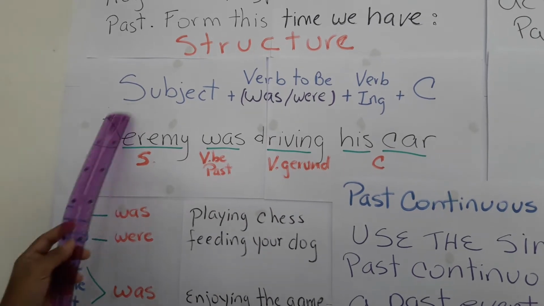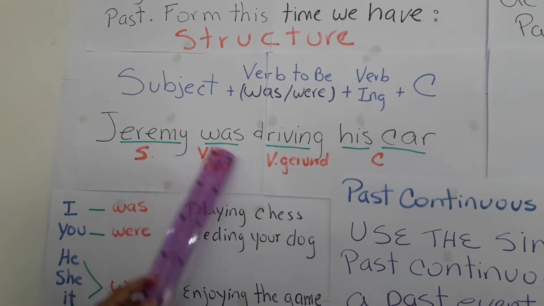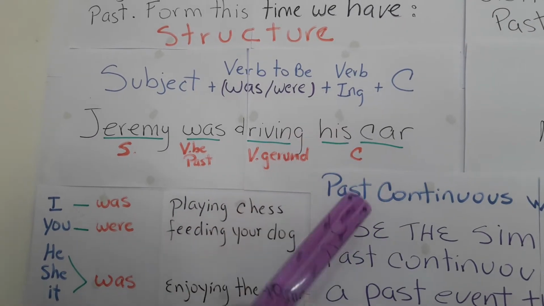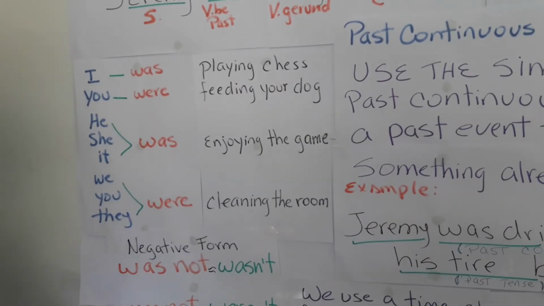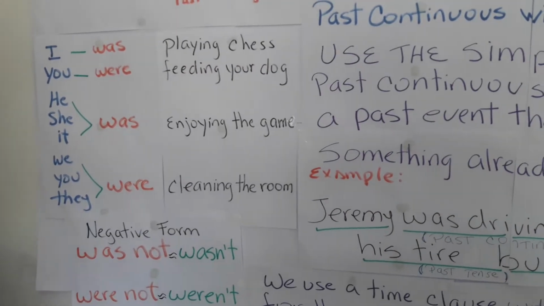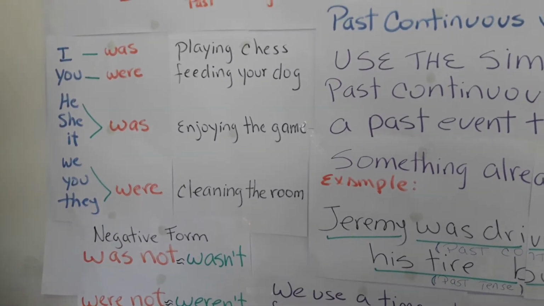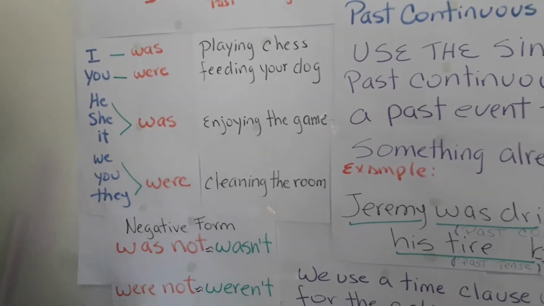Jeremy is the subject, was because it's third person singular, verb to be in past, driving the verb in gerund. His car is part of the complement. In that space, I wrote the personal pronouns, the verb to be past form, the gerund form and the complement. And it's a completed example.